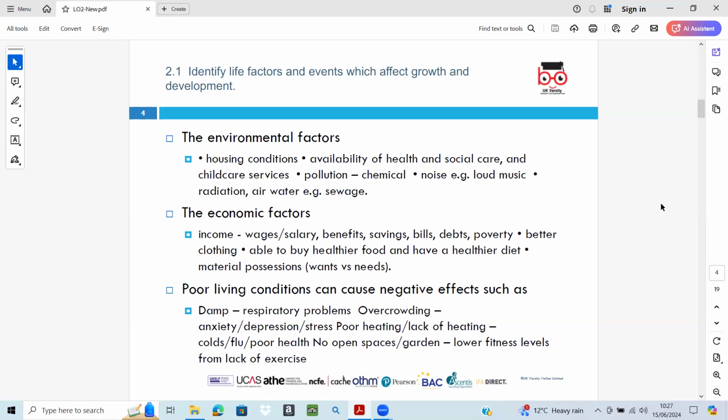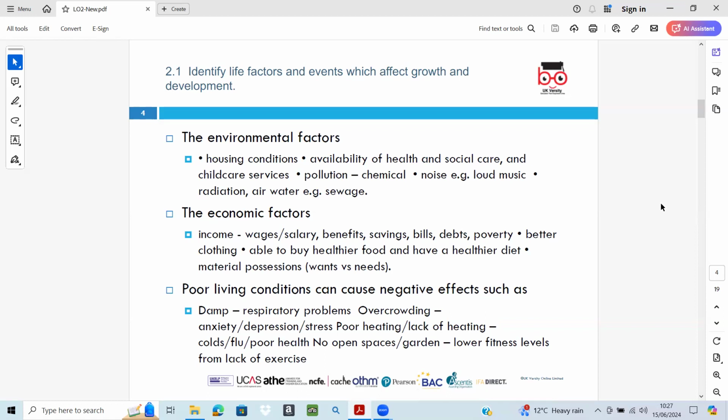For environmental factors, we can say that environmental factors are the physical and geographical elements surrounding an individual which can influence their growth and development. So the first one, as an example, we have housing conditions. The type, quality, and conditions of housing can impact an individual's health and well-being.